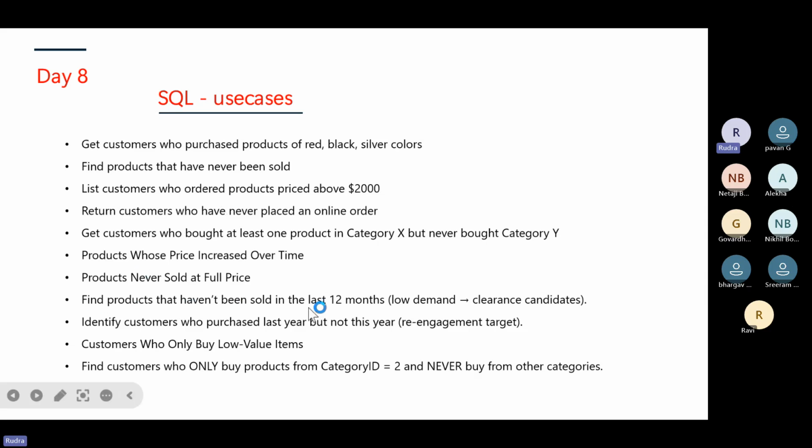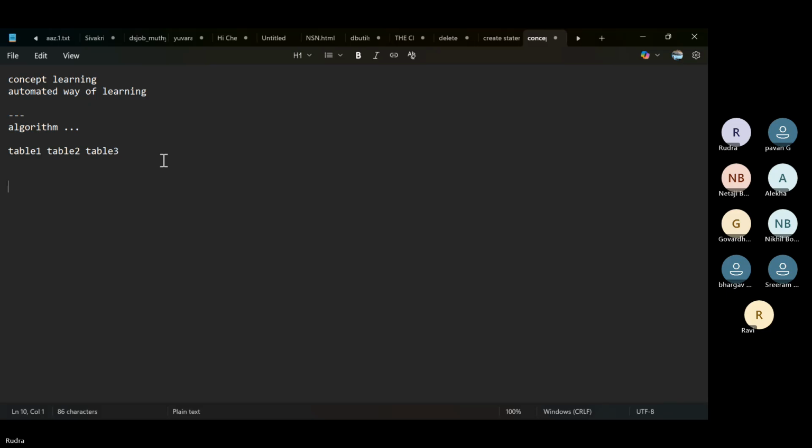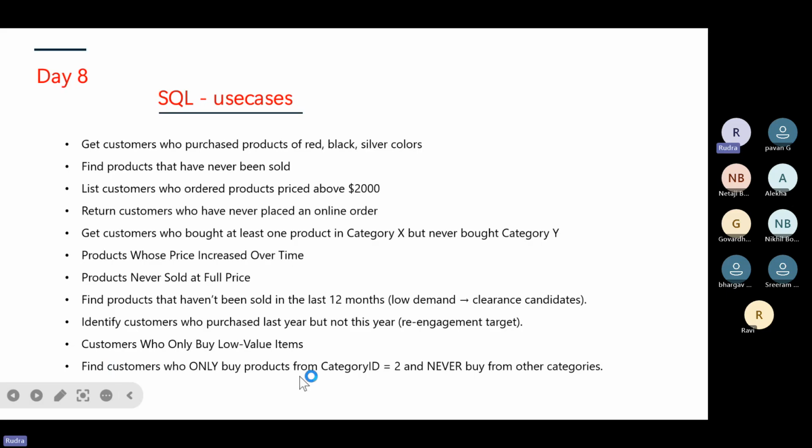For products sold, the customers who bought last year but not this year. Okay. Find customers who only buy products from category 2 and never buy from other categories. Okay, so if you have this use case, find customers who only buy products from category 2 and never buy from other categories.